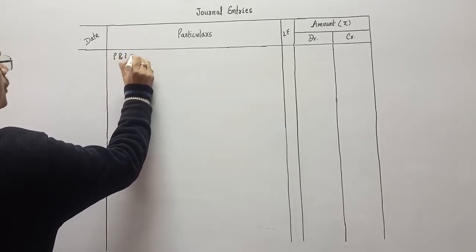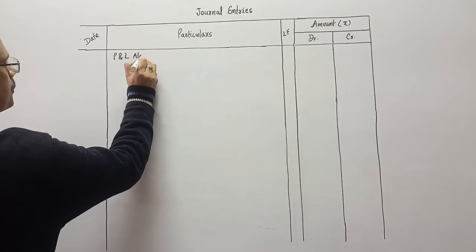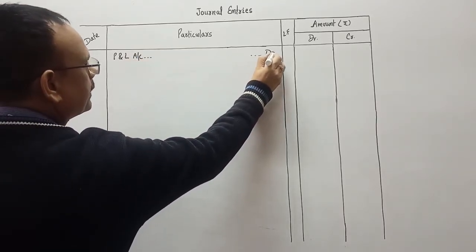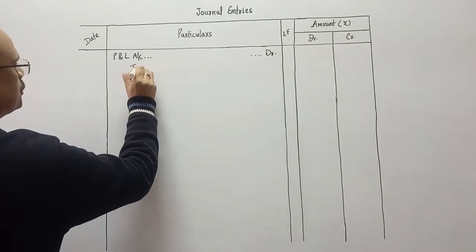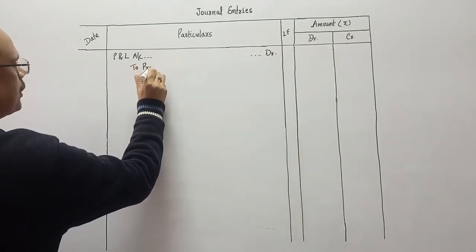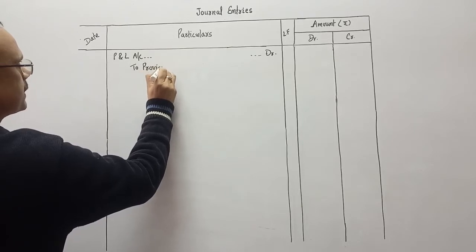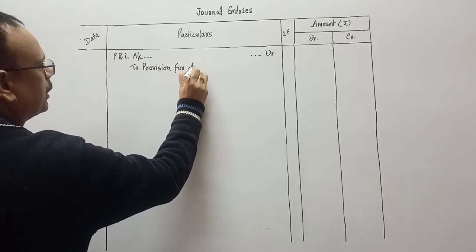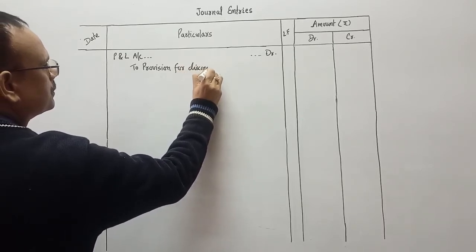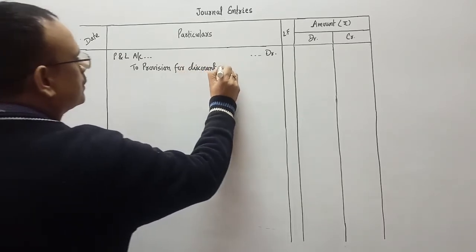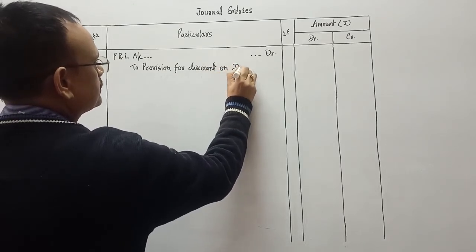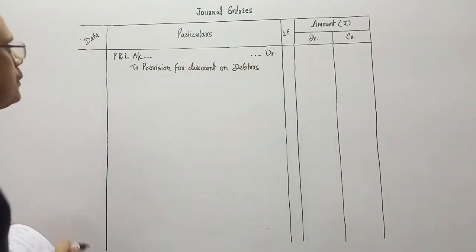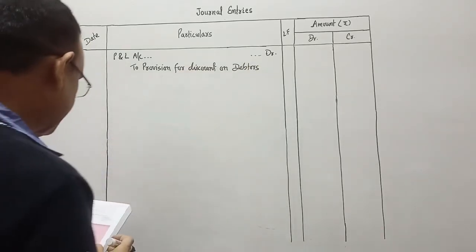So profit and loss account debit, to provision for discount on debtors.